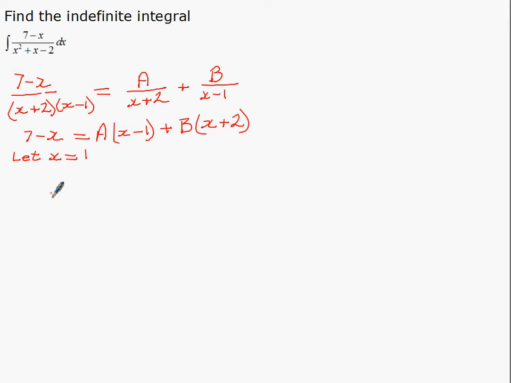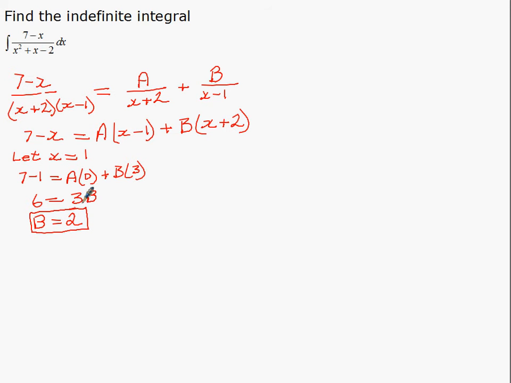So we'll start by letting x equal 1, because by putting 1 in here, this term will be 0, and that'll allow us to solve for B. So we get 7 minus 1 equals A times 0 plus B times 3, leaving us with 6 equal to 3B, or B equal to 2. So there's our B value.